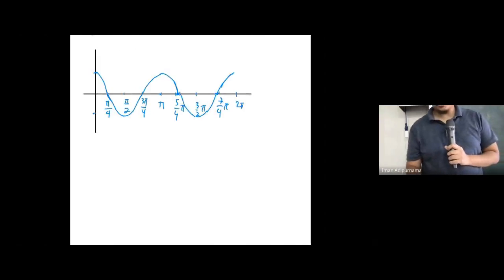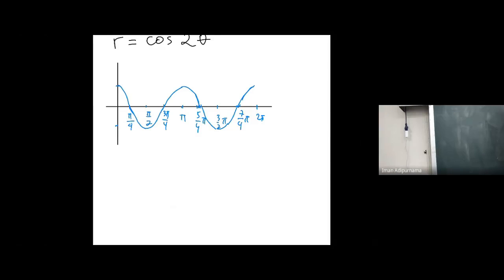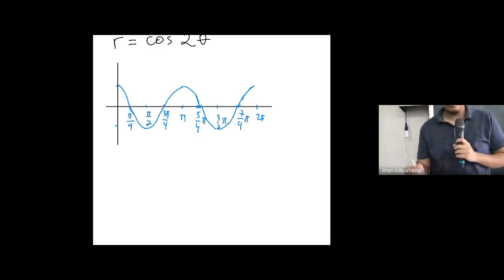Yeah, more or less, this is cosine 2 theta. So you have pi over 4 instead of pi over 2. Different periods. Now let's move to the polar.